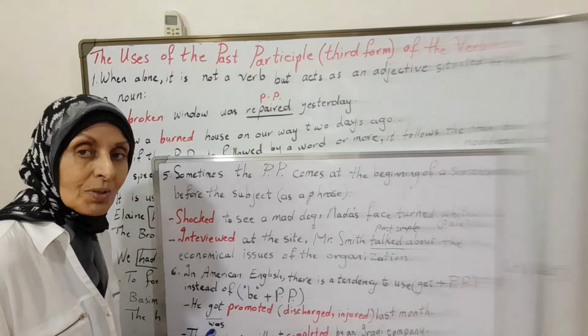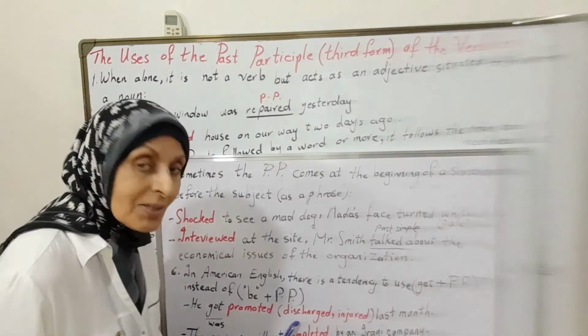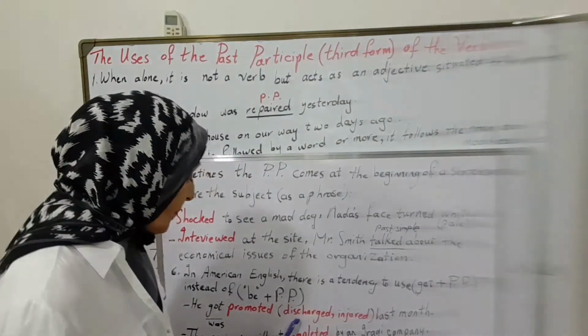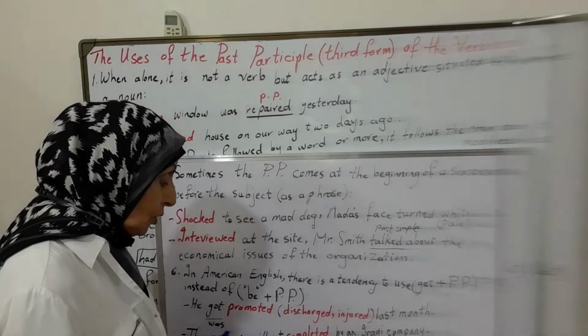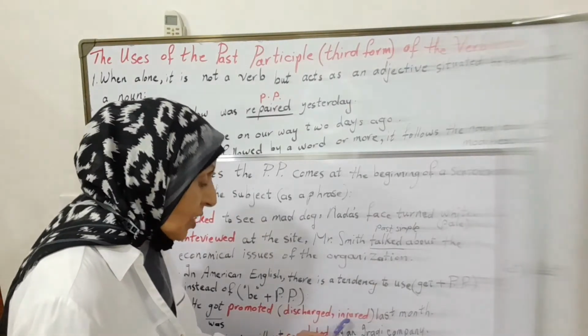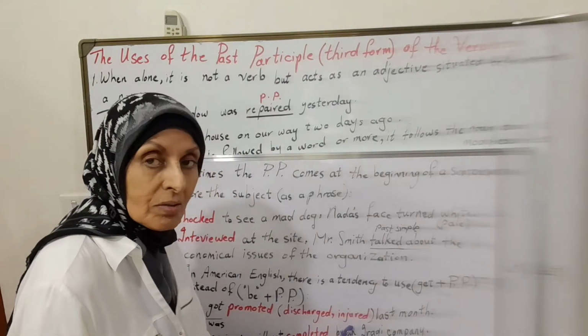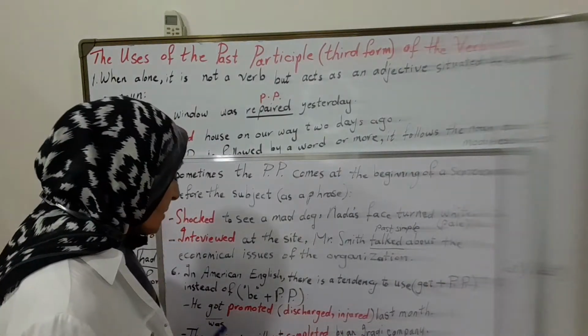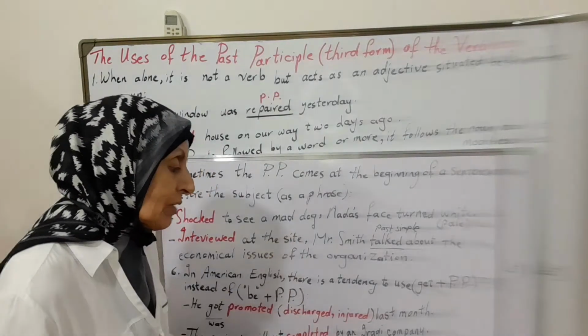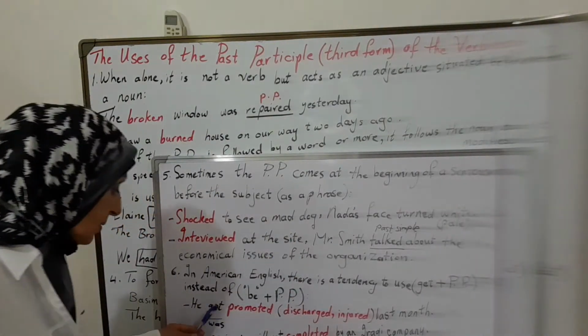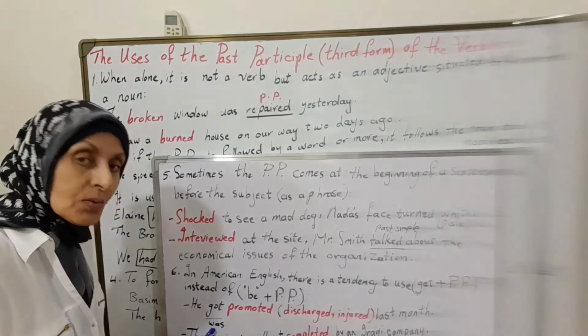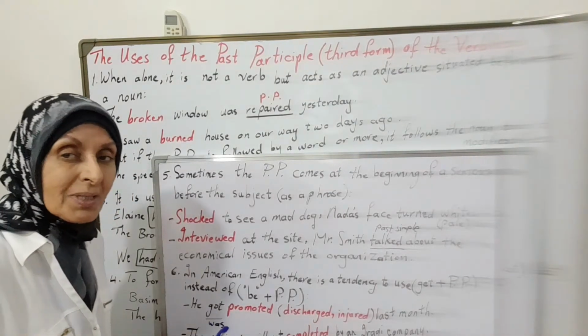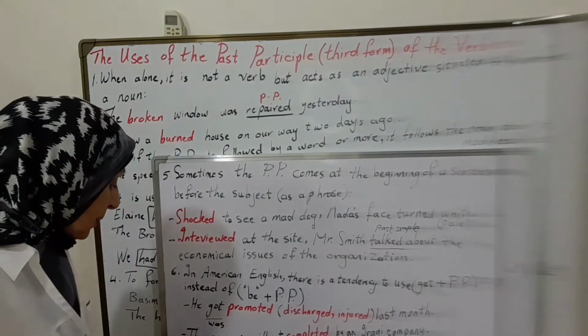It means he was promoted. Or he got discharged. طرد. Or he was discharged. He got injured. أصيب. Okay, he got promoted or discharged or injured last month. So got means was. It is used instead of the verb to be.